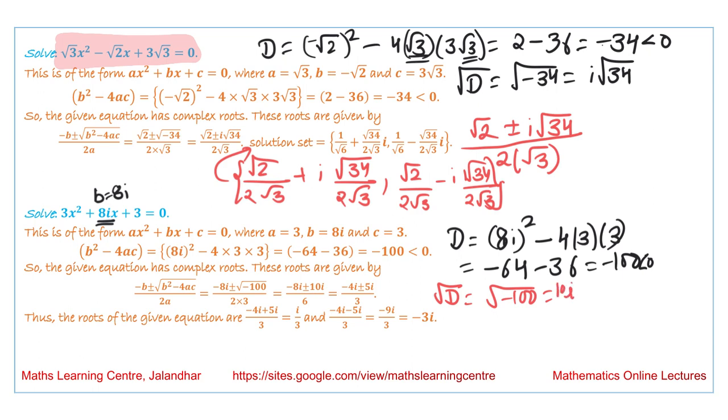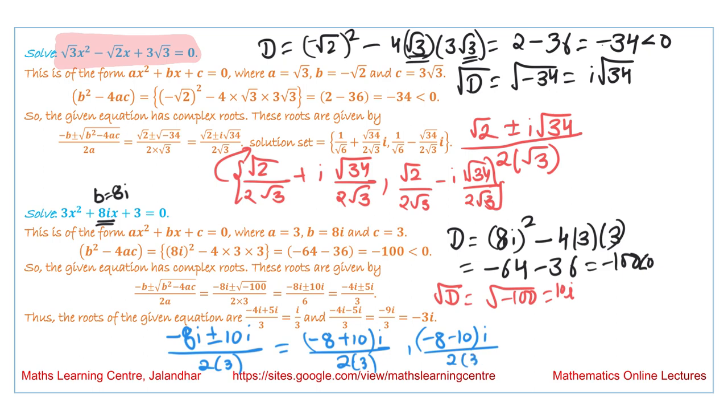So the solution of this equation will be −b, that is −8 iota, plus or minus 10 iota, over 2 into 3. We can take 2 common from this. This total value will be −8 plus 10 iota by 2 into 3, and −8 minus 10 iota by 2 into 3.